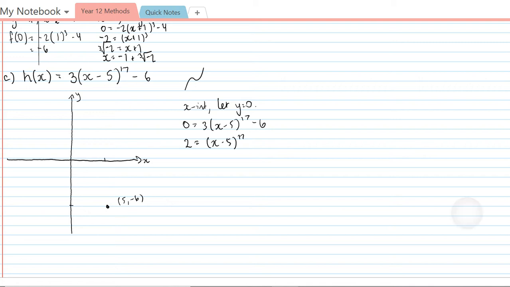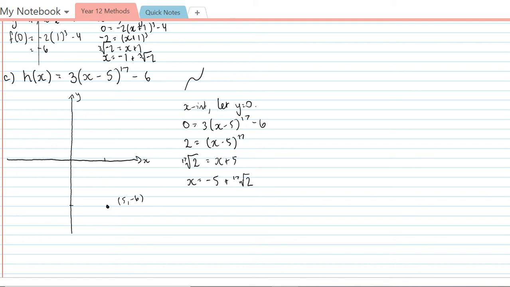I'll take the 17th root of both sides. And that's just x plus 5. So then, taking 5 from both sides, we get x equals negative 5 plus 17th root of 2. Don't really know what the 17th root of 2 is, but I imagine it's somewhere pretty close to 1.